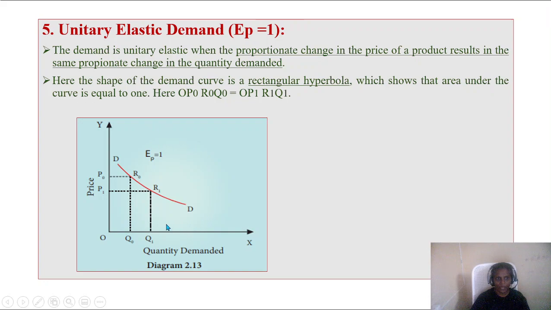This is the main important point here. Unitary means there will be the same proportionate change in the price and quantity demanded. So here we can understand that OP0 R0 Q0 is equal to OP1 R1 Q1, which we call a rectangular hyperbola. So this is also one of the situations where, when there is a change in the price, there will be a unitary change in the demand for a commodity.